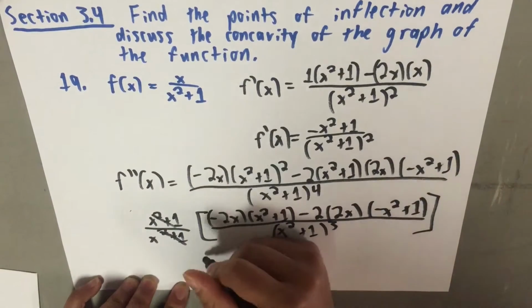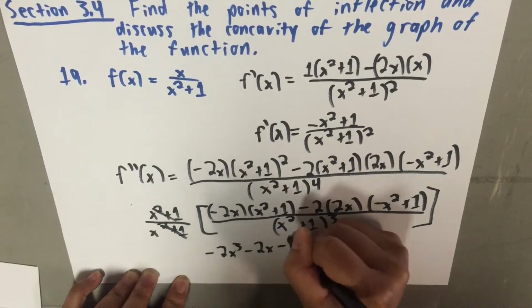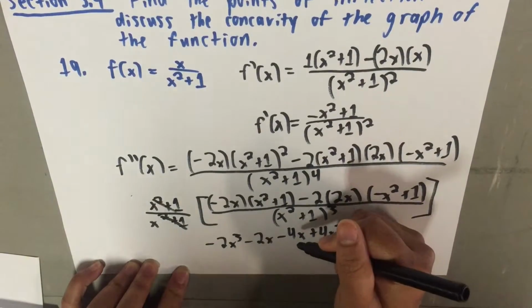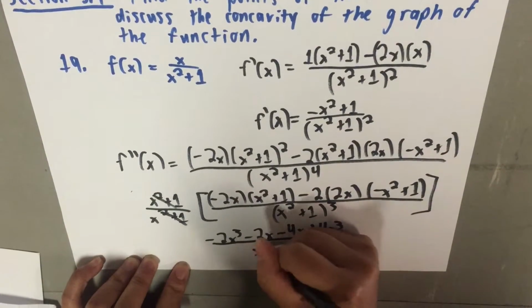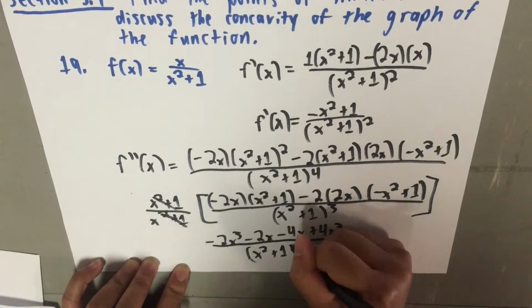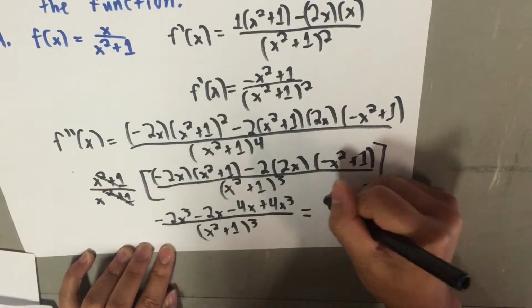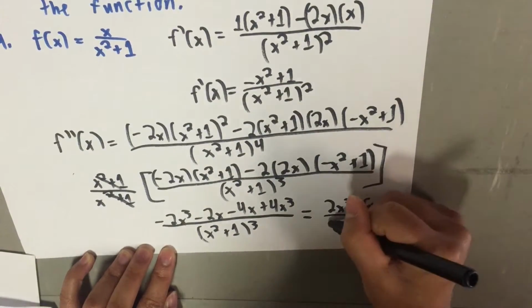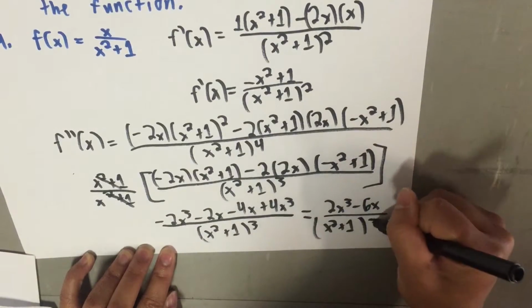And then that simplifies to negative 2x to the third minus 2x minus 4x plus 4x to the third over (x squared plus 1) to the third. And that equals 2x to the third minus 6x over (x squared plus 1) to the third.